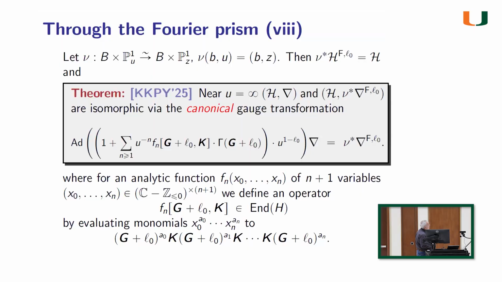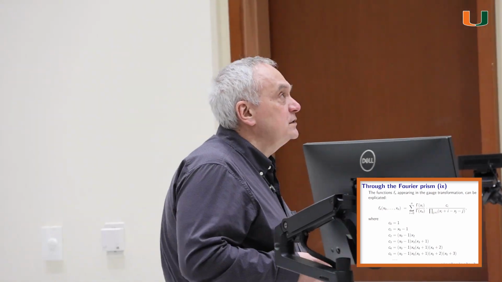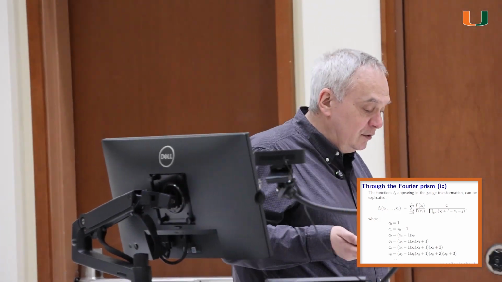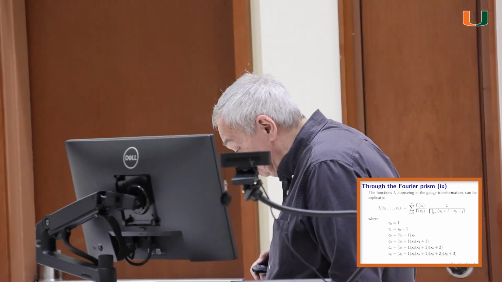And these classical canonical functions, there is a formula for them. So there are sums of ratios of gamma functions times some rational functions, which are defined this way. So the point is that there is some completely explicit gauge equivalence between the original quantum connection and its Fourier transform near infinity.